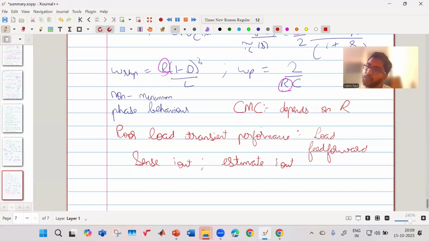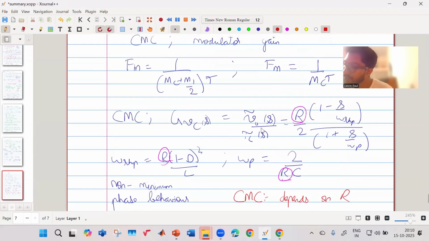This is meant by a load transient for current mode control. Because current mode control depends on R, it is very, very susceptible to changes in your load R. That is why if you use load feed forward, we can improve the performance of current mode control. Okay.